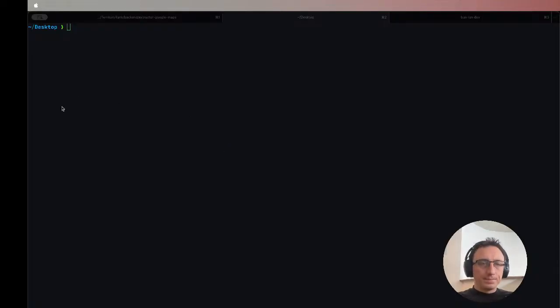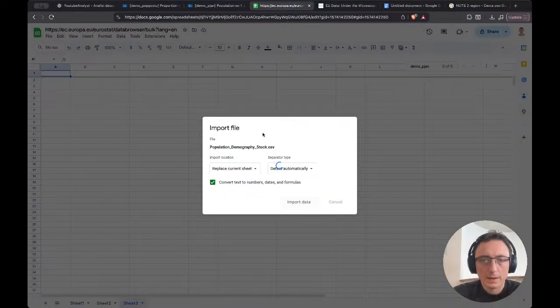Hopefully. 40 megabytes, okay, which is good because I can still load it on Metabase, since Metabase is having limits of 50. I just want to see if I can clean the data.